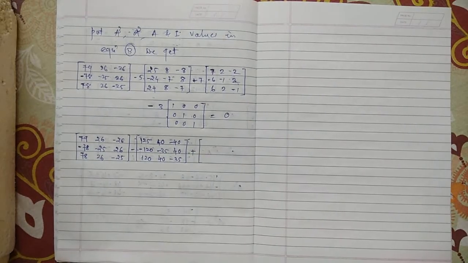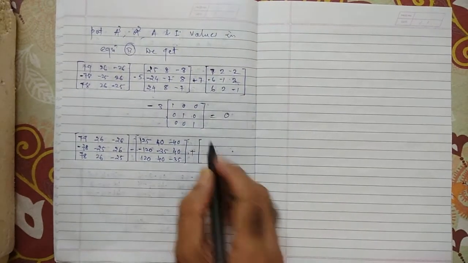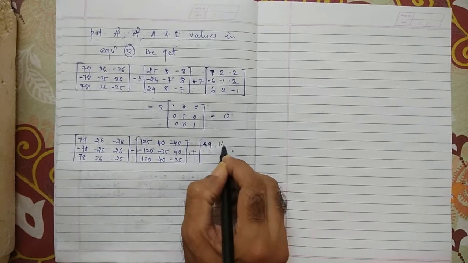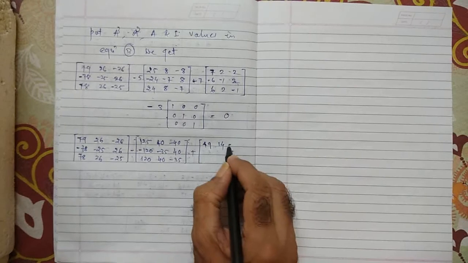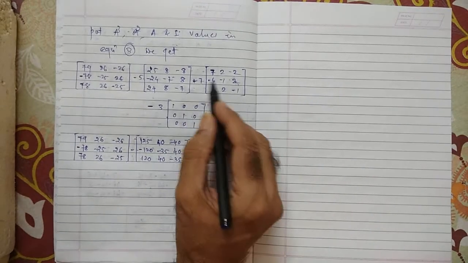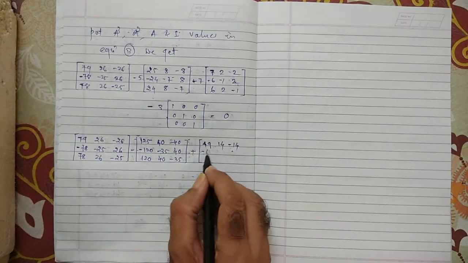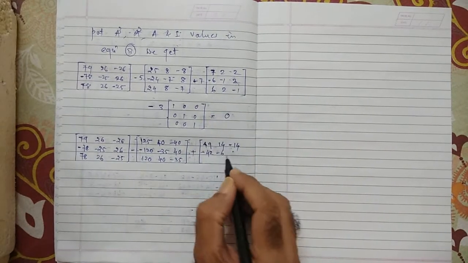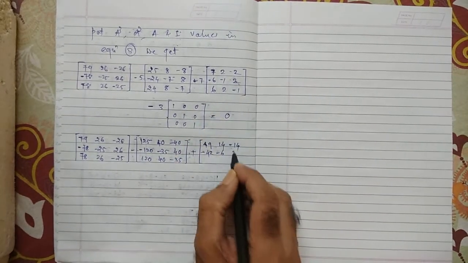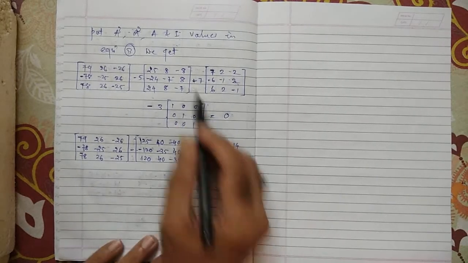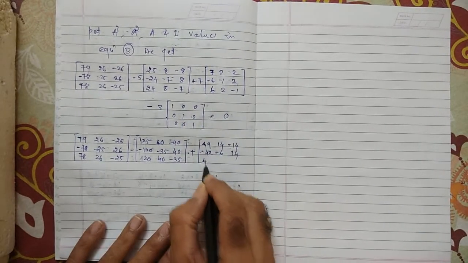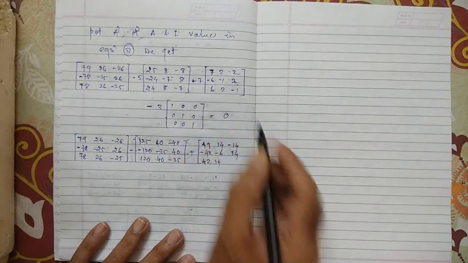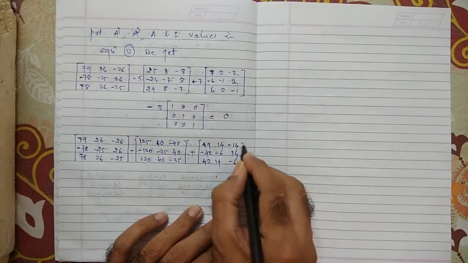Plus this 7. 7 into 7, that is 49. 7 into 2 that is 14, 7 into minus 2 that is minus 14, 7 into minus 6 is minus 42, 7 into minus 1 that becomes minus 7, and 7 into 2 that becomes 14, and 7 into 6 again 42, 7 into 2 that is 14, and 7 into minus 1 is minus 7.